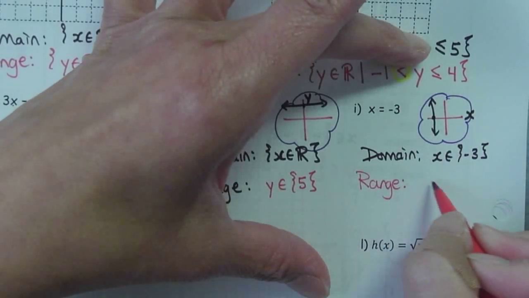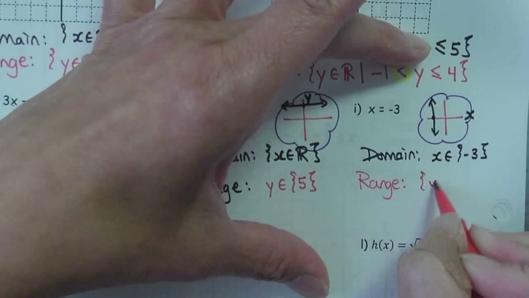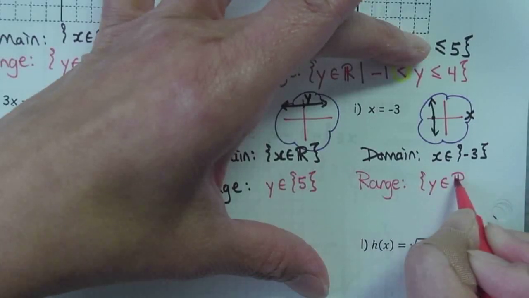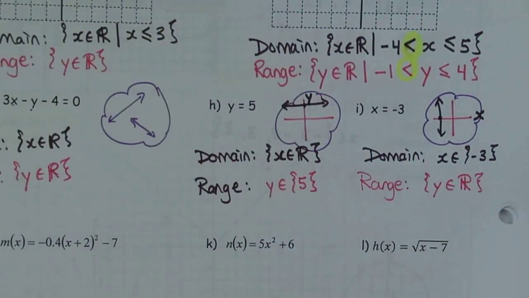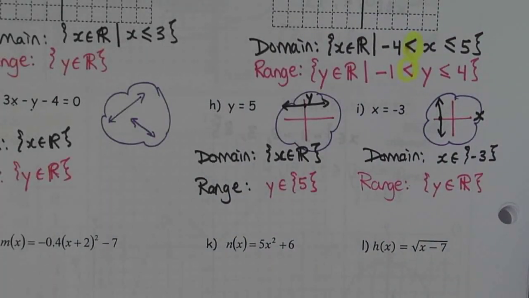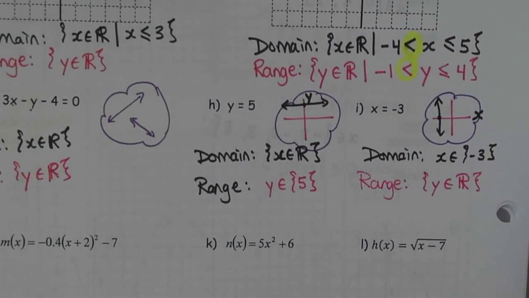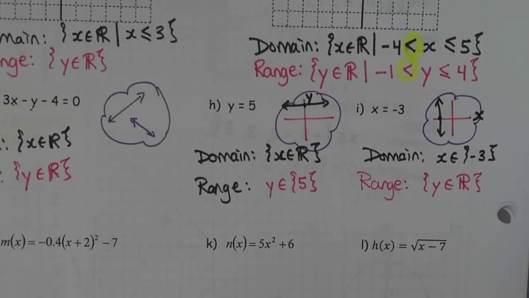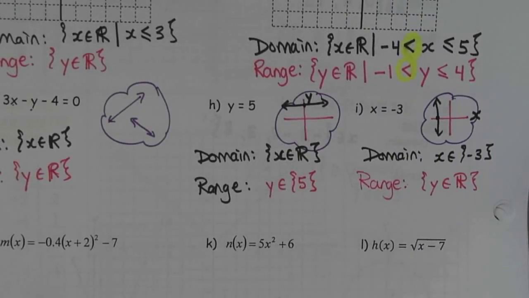And range? Y is an element of real. That's it. All right, so that's the line, all three cases, our three different cases of the line.